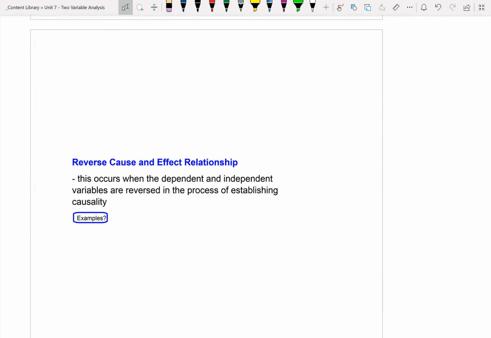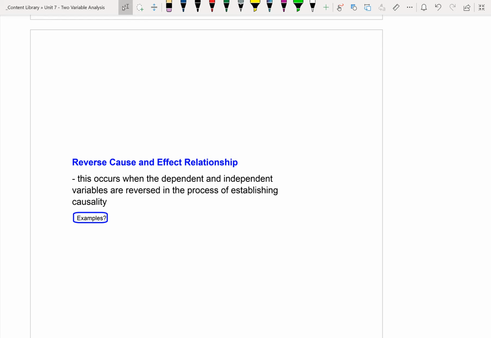A reverse cause and effect relationship. So this occurs when the dependent and independent variables are reversed in the process of establishing causality. So what this is saying is when you set out to determine a correlation or a relationship or a cause and effect relationship, you would set up your independent and dependent variables.